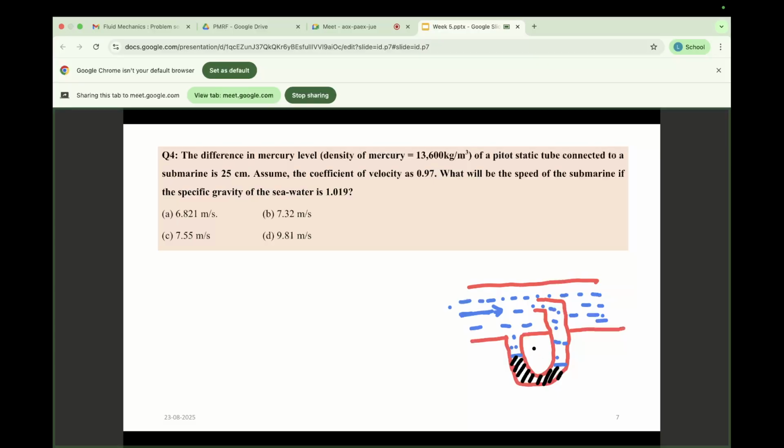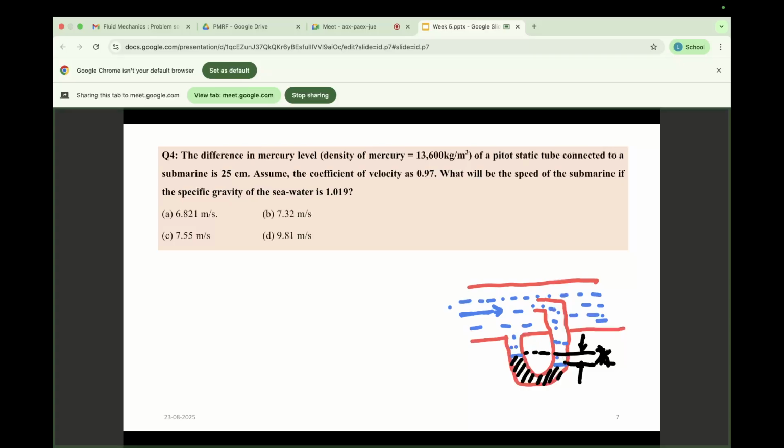This one is mercury. So if I check this thing, this difference is the x. That is the thing that I am talking about. This is the pressure difference. So why is this pressure difference there?